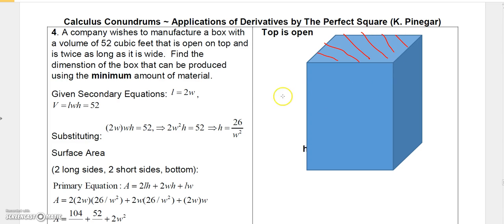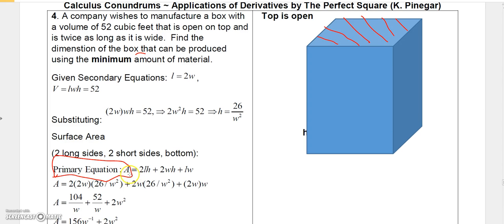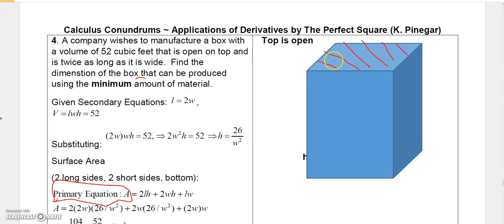Okay. So now let's talk about our primary equation. Our primary equation is area. We want to minimize the surface area of this box. But before we get to that, let's talk about our secondary equations. One is pretty simple: the length is twice the width.